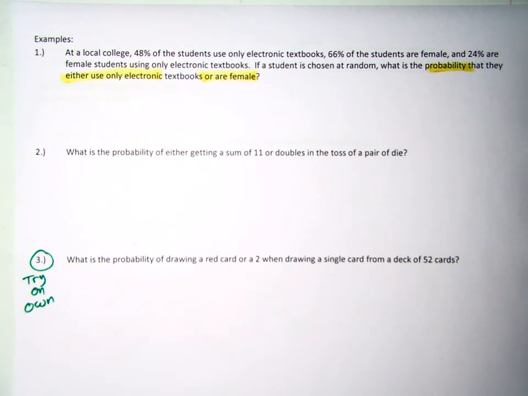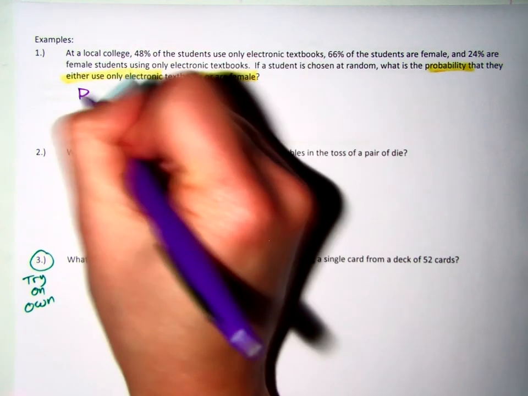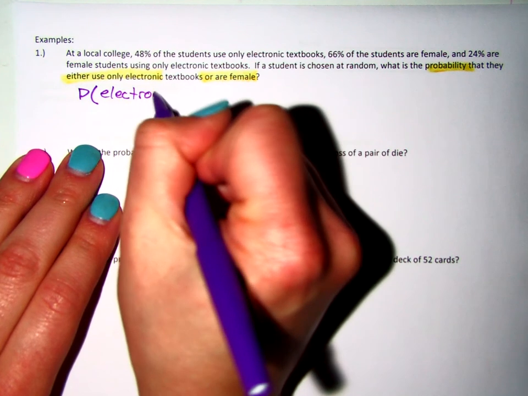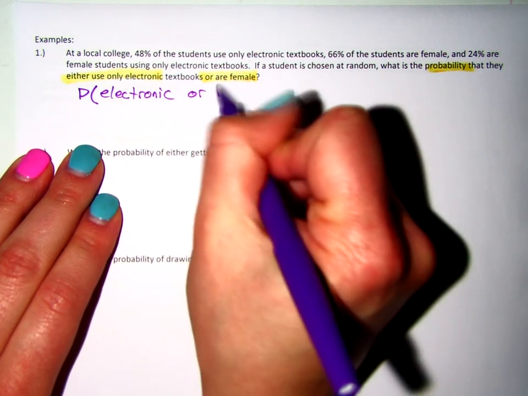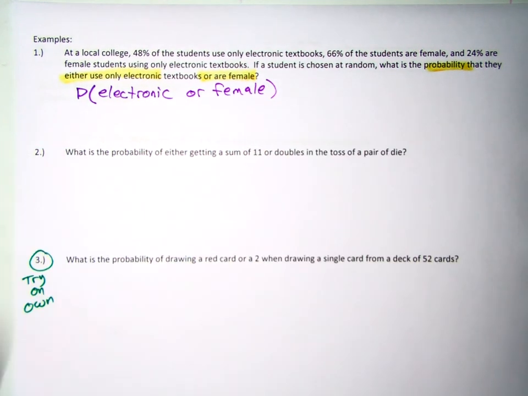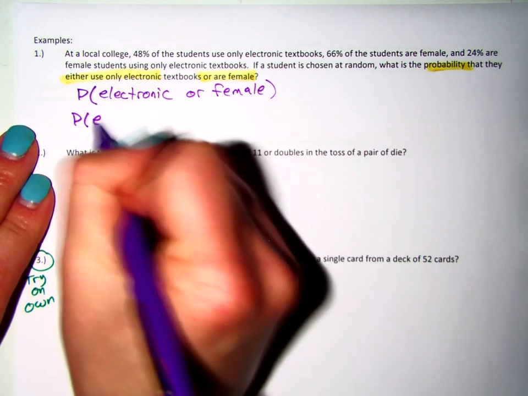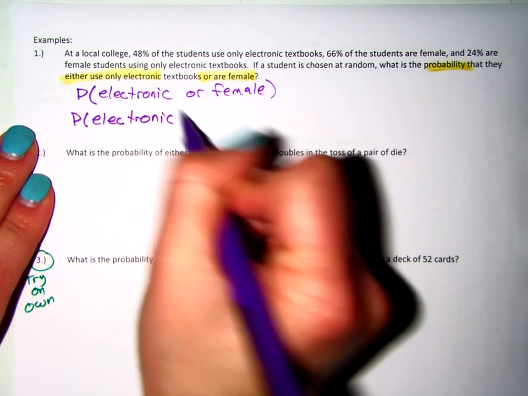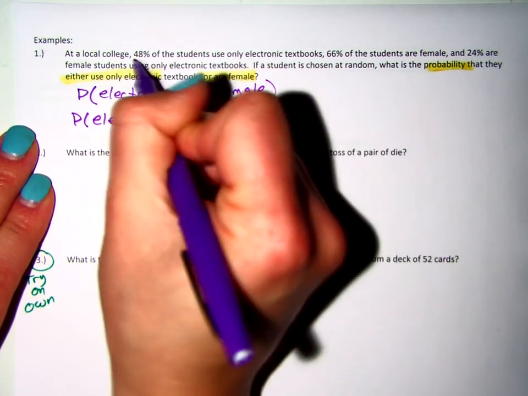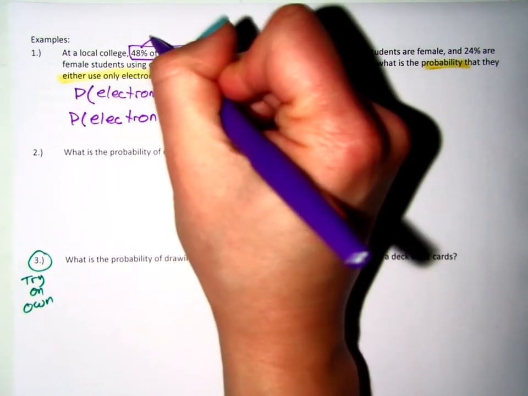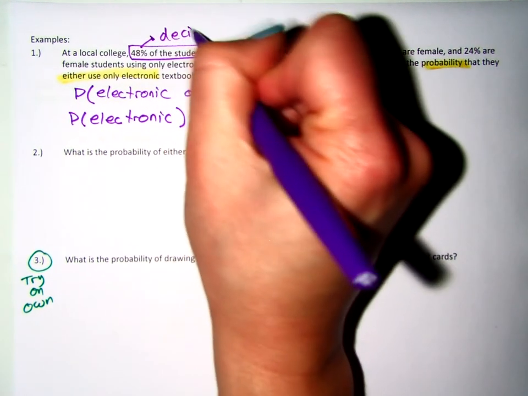So we're trying to find the probability of electronic or female. When we're thinking about this, this tells me that there are two different probabilities that we have to find. Probability of the electronic, which they already gave us as 48%, but now if we type it in as a probability, we need to make it a decimal or a fraction.